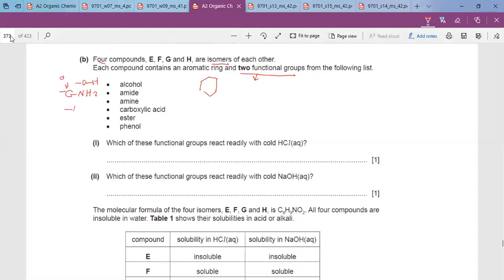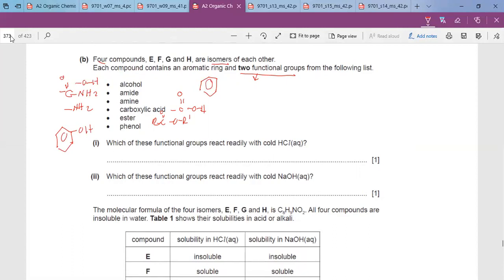Amine is your NH2. Carboxylic acid is C double bond O and OH. Ester is C double bond O, with R and O and R dash. Phenol is a ring and the OH attached to it. Okay, 2 only.